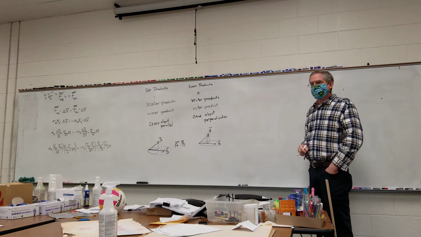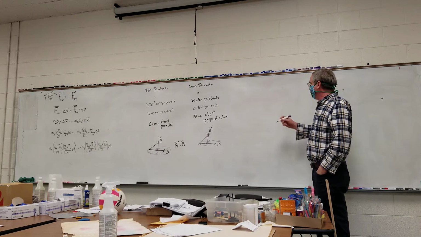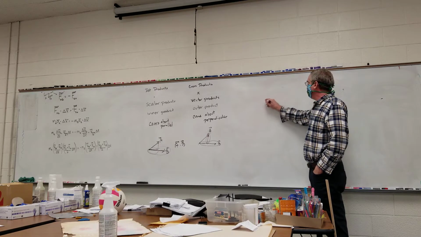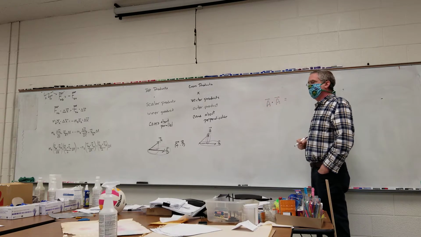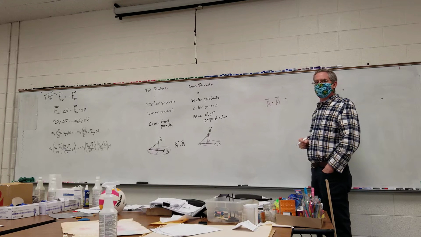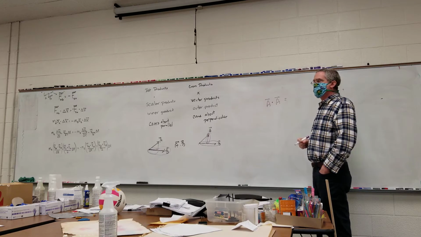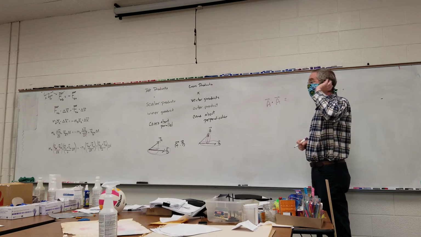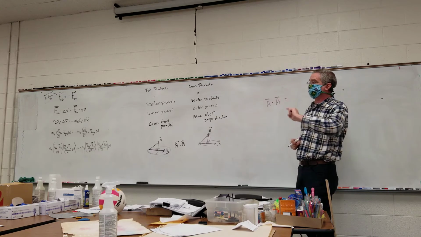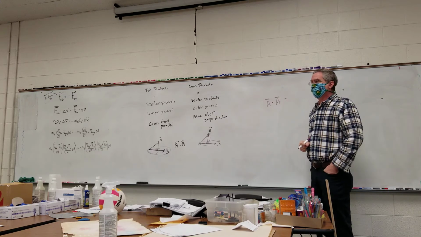So, given this, if I take some vector A and I do a dot product with itself, what would the answer be? Not 0. If I did a cross product of a vector with itself, it would be 0.